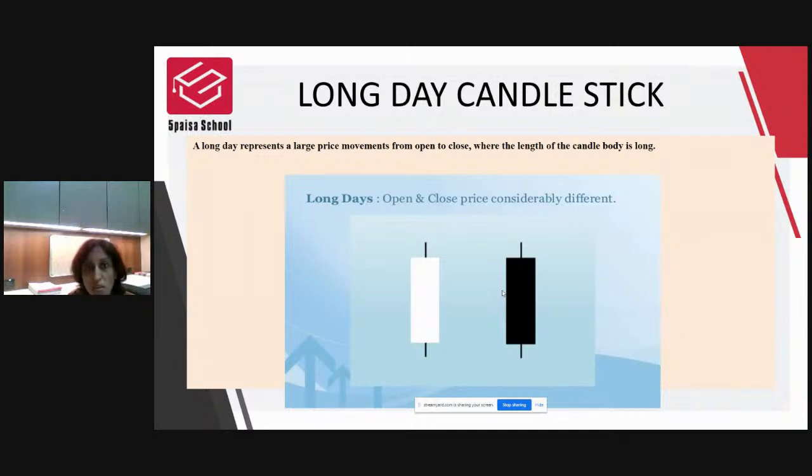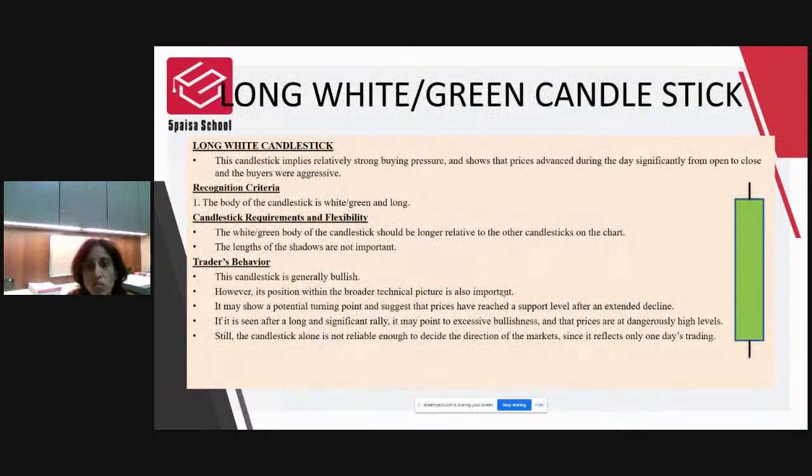So here you have to be very careful that the length of the candle body should be long, right? And here also we are having two different kinds of candlesticks which portray different kinds of market sentiments. One is the long white candlestick or the long green candlestick.